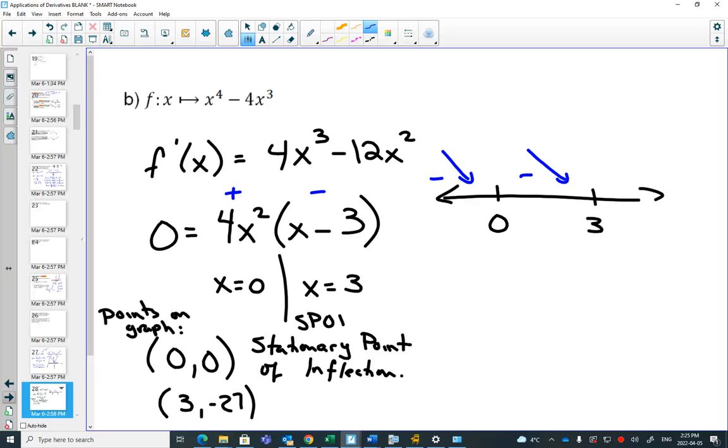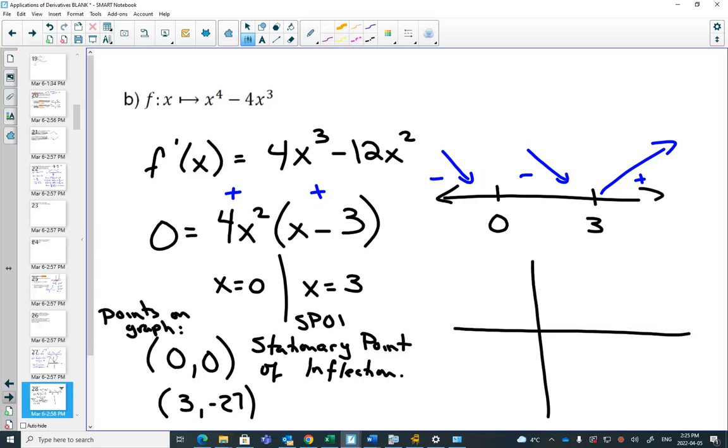And then at 3, if you plug in something bigger than 3, this section's also positive, meaning that your graph is increasing. So what do we have? Okay.